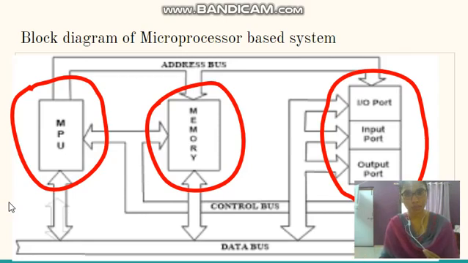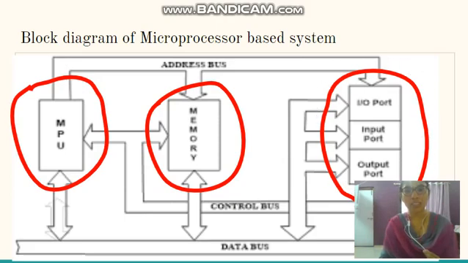No, obviously not. Even though the CPU can be called the brain of the entire system because it processes the data, other parts are also required. So if you consider a basic microprocessor based system, the three main parts are a microprocessor unit, memory, and I/O ports.